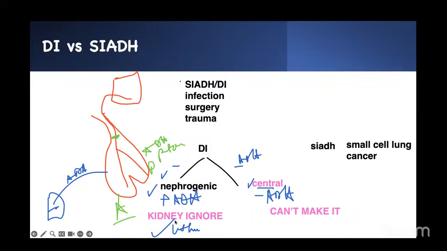Lithium wants to do you bad, and because it wants to do you bad, it makes you lose your water. But we are very smart to teach you to prevent lithium from making you bad. That's the concept. And the central one, basically, you don't have the ADH.